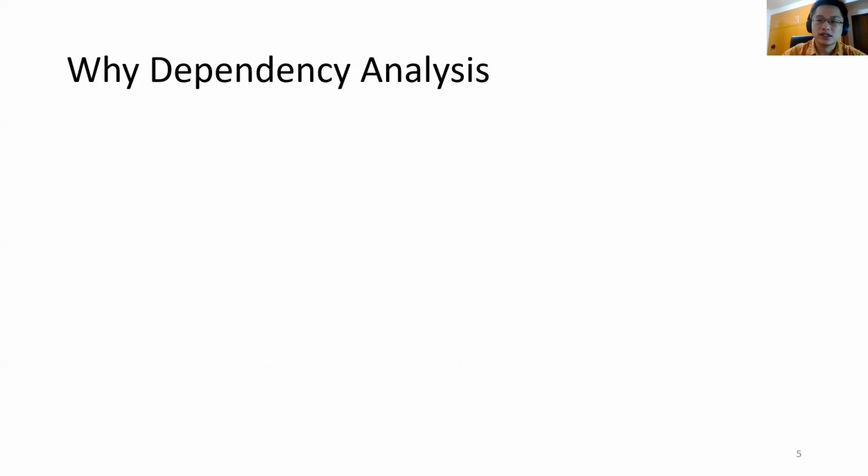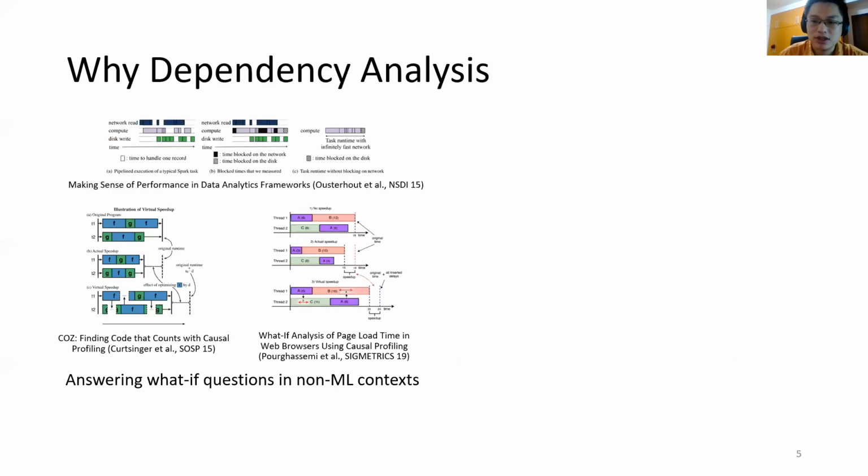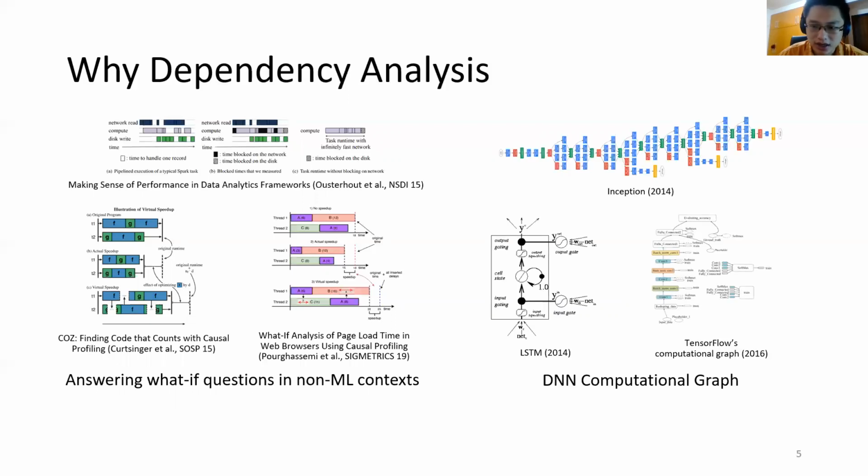But luckily, exploring what-if questions is not an entirely new problem. System researchers have been using this dependency graph analysis approach to answer performance-related what-if questions in some non-machine learning contexts, like big data processing systems. And on the other hand, dependency graph structures are also common in the machine learning context.